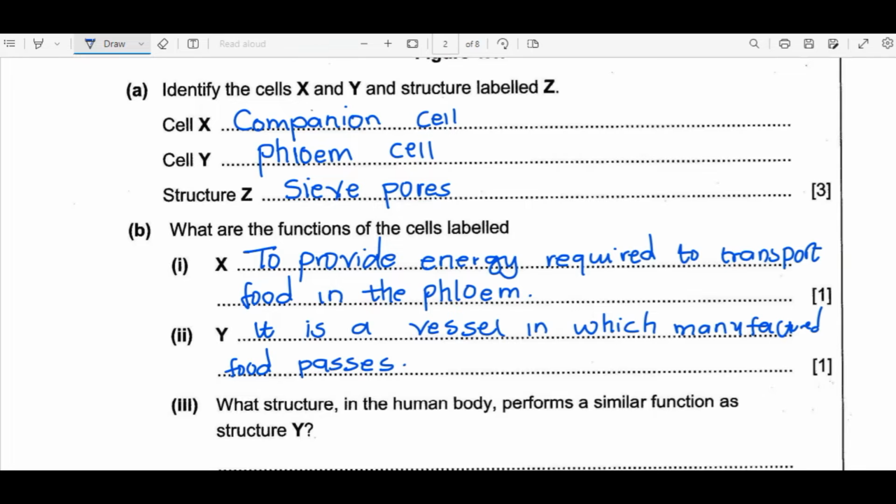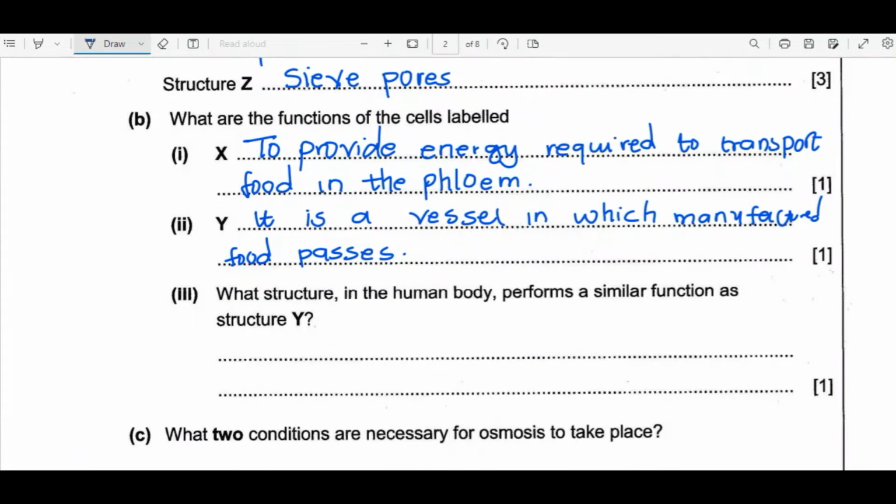Okay, we move on to Roman number 3. What structure in the human body performs a similar function as structure Y? What did we say structure Y does? It is a vessel in which food passes. So here we can just say blood vessels.